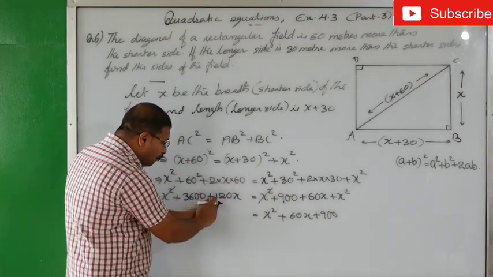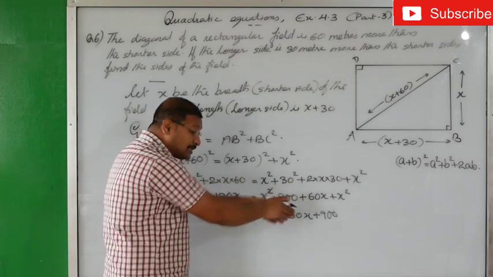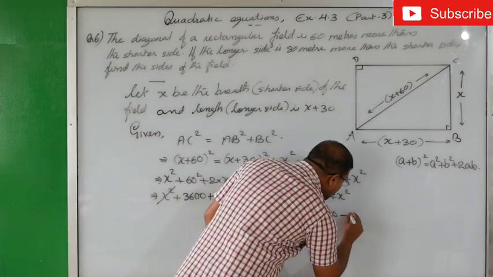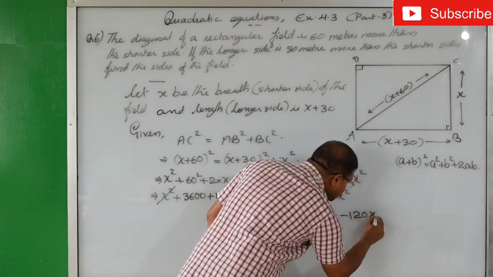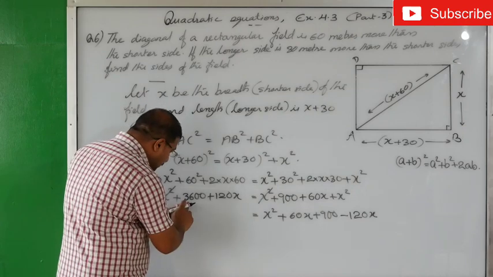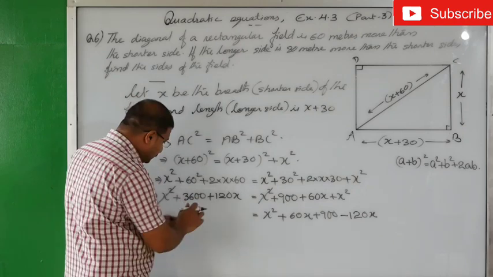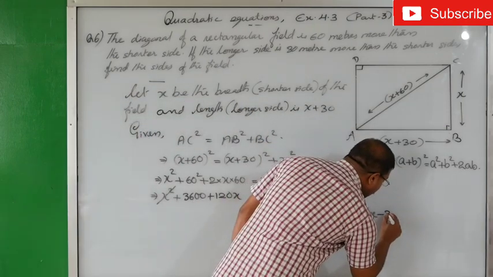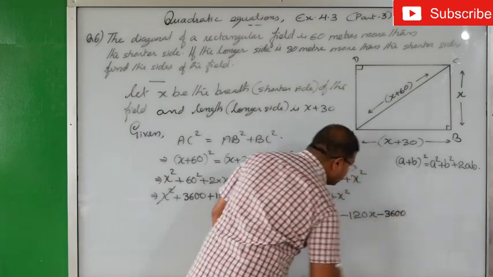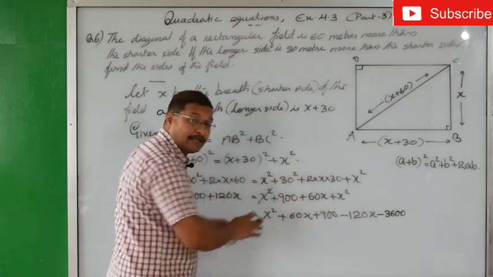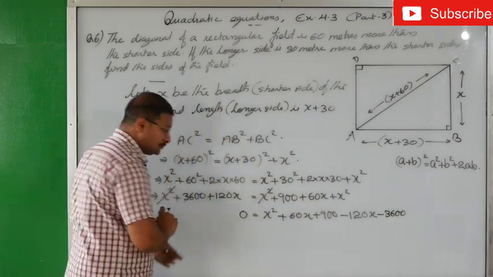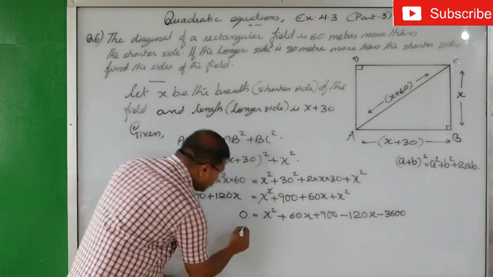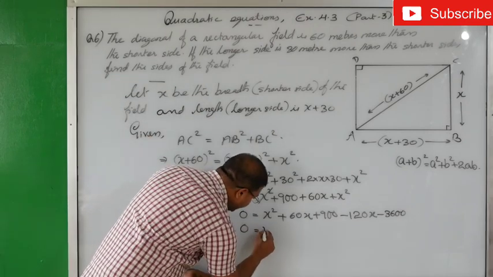That means this 120x is plus, goes to next side minus 120x. Again 3600. Otherwise 3600 carry to next side. It will be minus 3600. Since we carried all to next side, so here will be 0. So 0 equals x square.